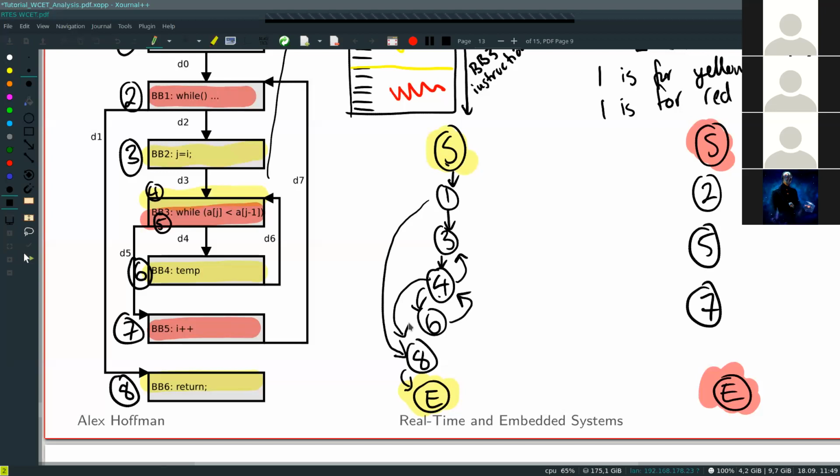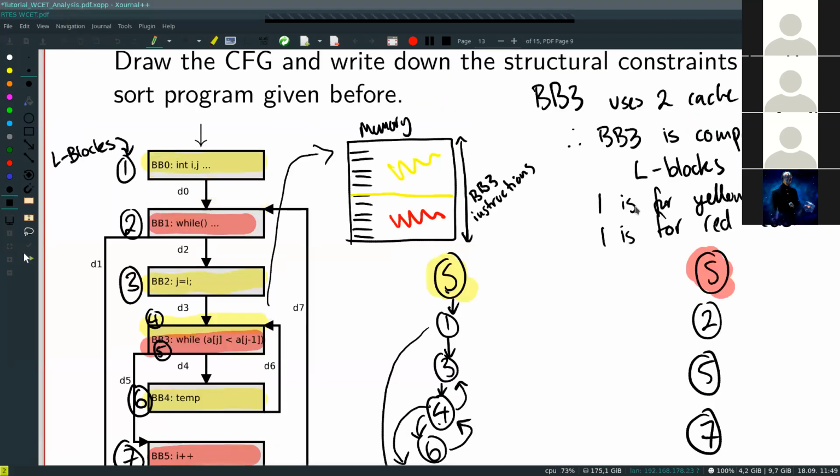So if we think about the code, let's expand this a little bit.